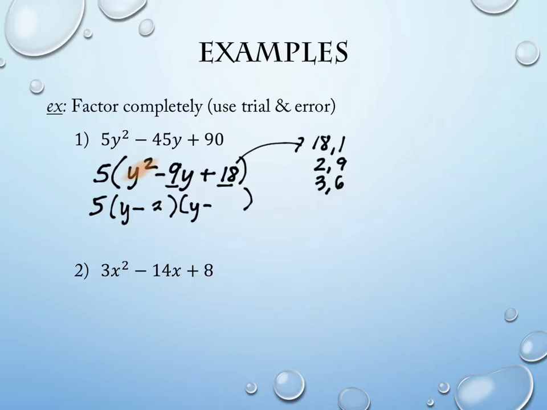So there will be a 3 here and a 6 here. And you can confirm to make sure that it works, of course, if you take these 2, do they multiply to give you positive 18? Yes, right? And then if you look at the inside and the outside, do they add to negative 9y? Yes, they do. So this is the correct factoring for this one using trial and error.